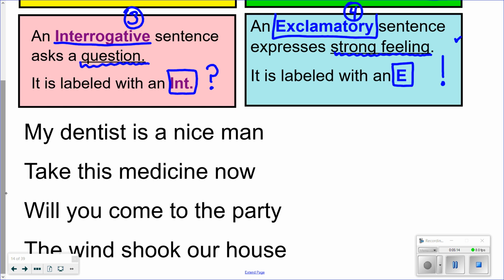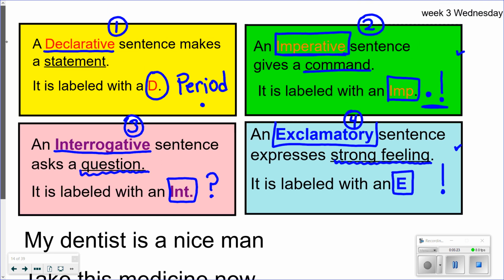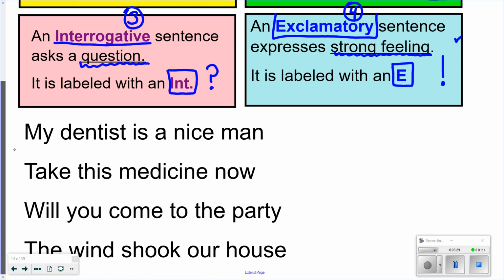My dentist is a nice man. It's probably just a basic statement, right? And so a statement is a declarative sentence. And a declarative sentence ends with a period. So we are going to put a period at the end of the sentence and then say declarative, D.